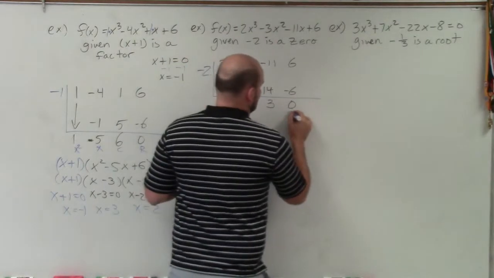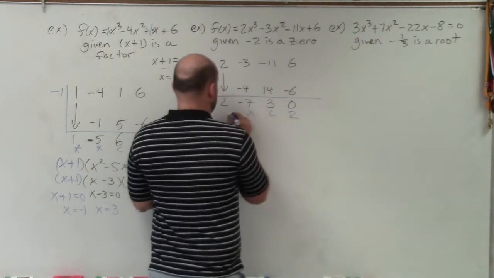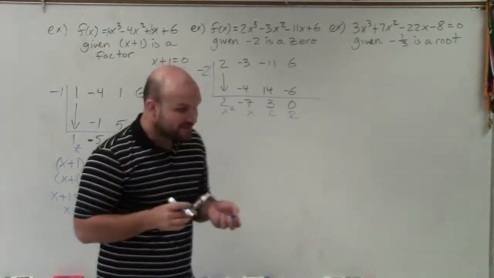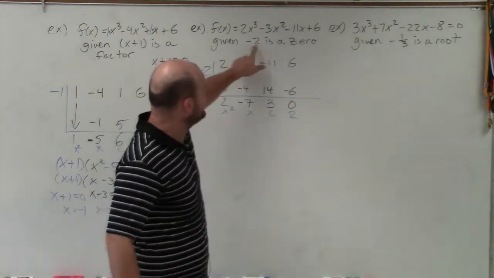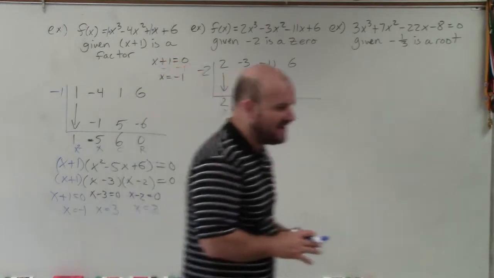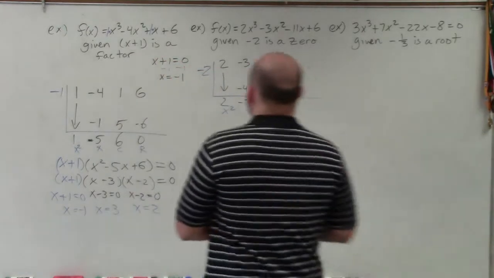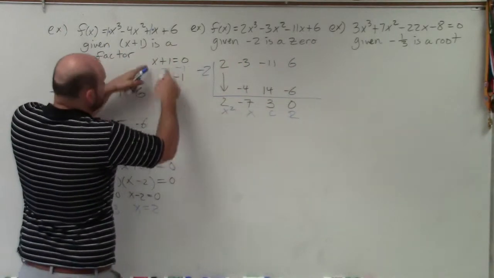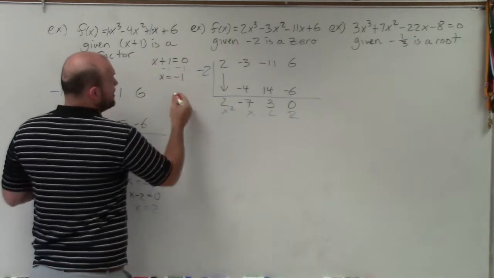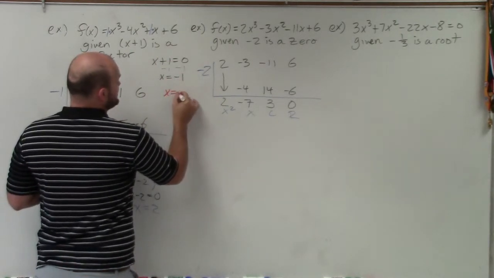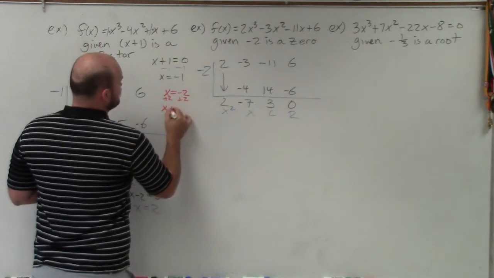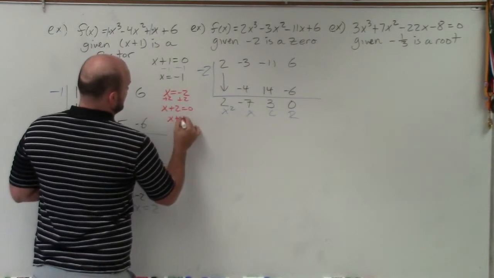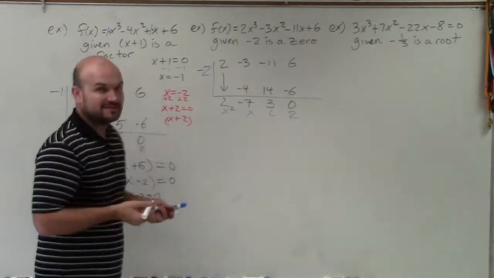So here's my remainder, constant, linear, quadratic. Now this one becomes a little bit difficult because, if -2 is a 0, how can I rewrite that as a factor? Remember, all we did to go from factor to 0 is we took our factor and set it equal to 0. So if I tell you x equals -2 is a 0, then x plus 2 is going to be your factor.